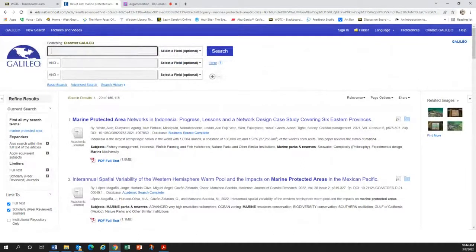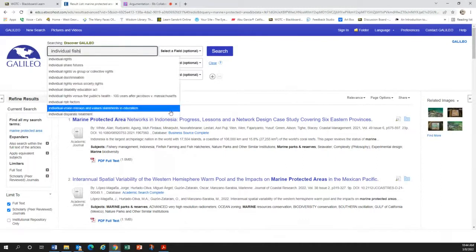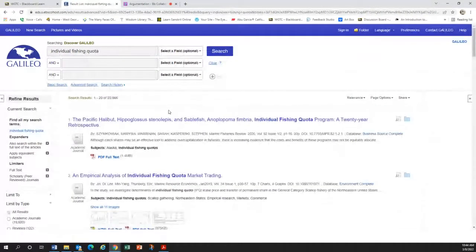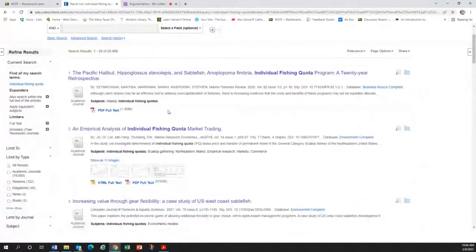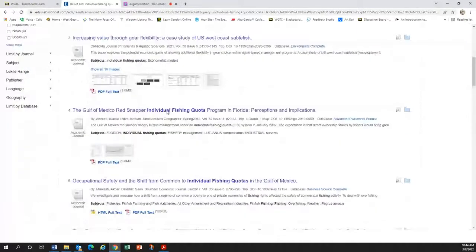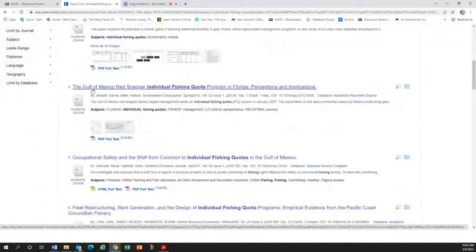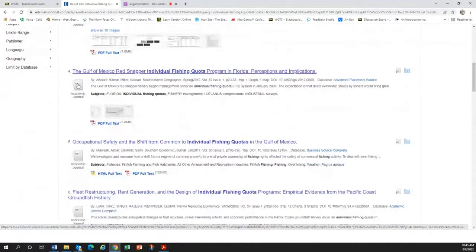And the next thing that we're going to do is use another search term. So we have individual fishing quota. Let's see what we get from that. Okay, so we got some sources on individual fishing quota. Here's some stuff about the Gulf of Mexico red snapper.